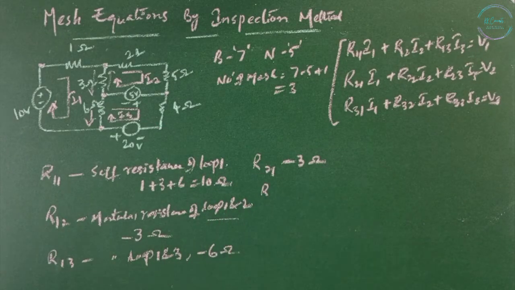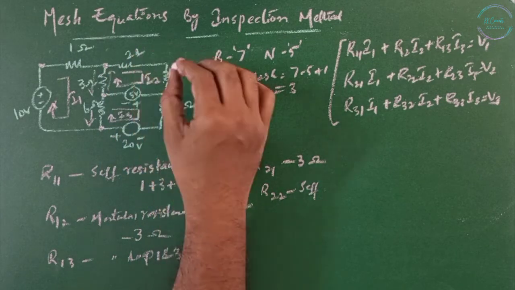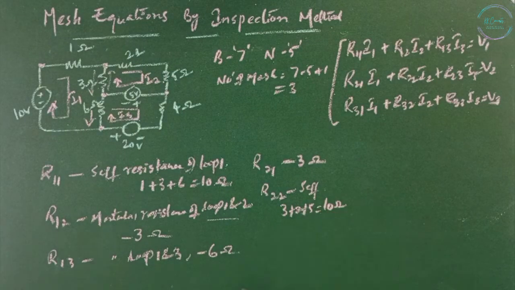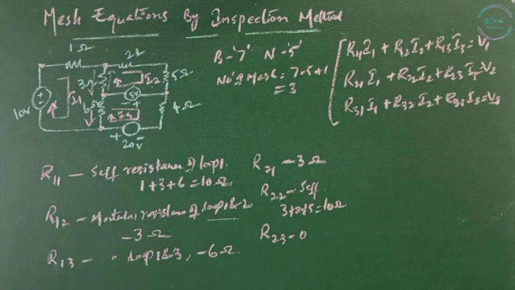R22 is the self resistance, that is the I2 loop resistance 3, 2, 5. 3 plus 2 plus 5 is 10 ohms. R23 is the mutual one between 2 and 3, and between 2 and 3 the mutual one is 0. There is no common resistance between 2 and 3.